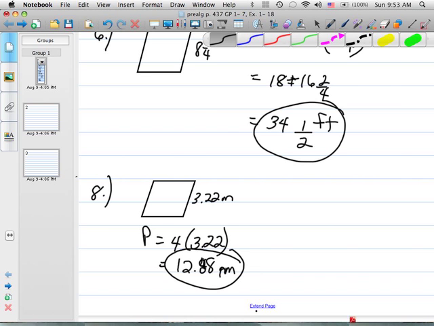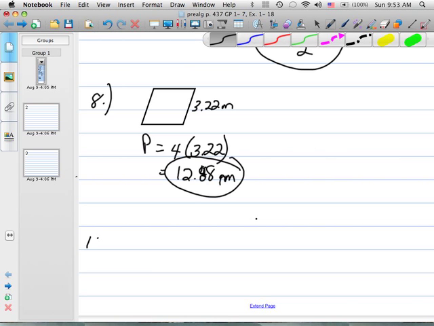Problem number 10. Compare the perimeter of a Canadian football field to the perimeter of an American football field. Which is longer and by how much? So you need to turn to 434. They're both rectangles.